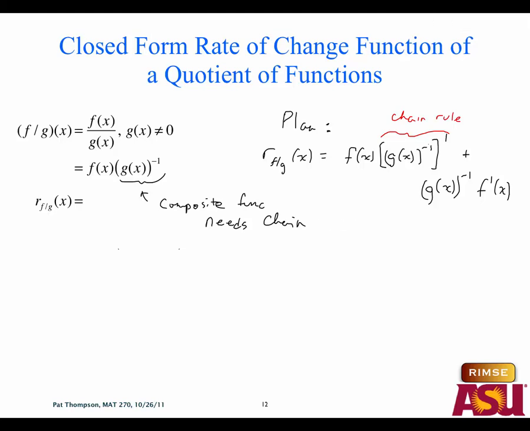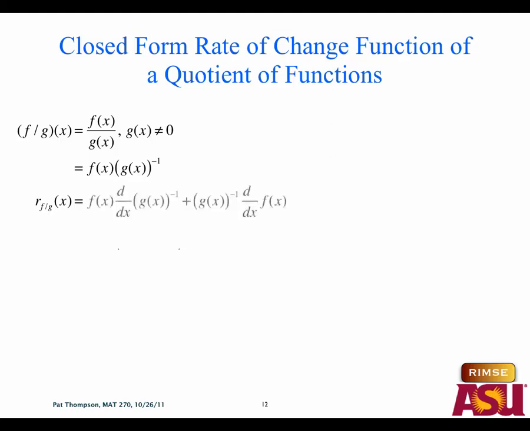Does it make sense? So what is the rate of change of g of x to the negative 1? It's going to be the rate of change of something to the negative 1, with respect to g, then times the rate of change of g, which we did earlier as the chain rule. So here, this is written out: the first times the rate of change of the second, plus the second times the rate of change of the first.